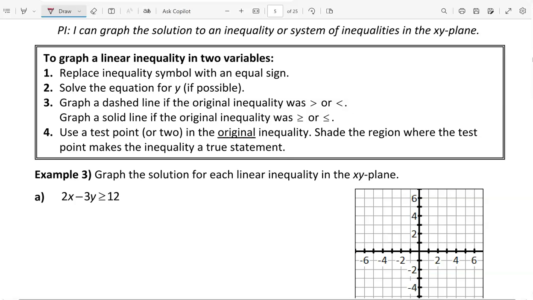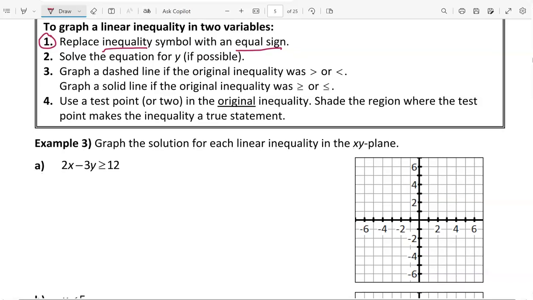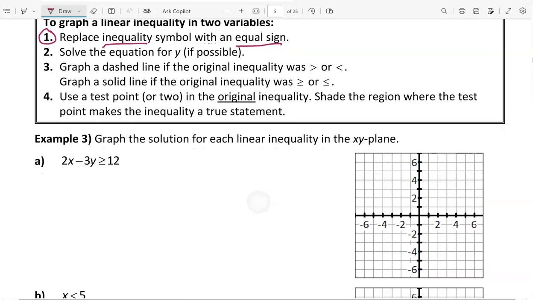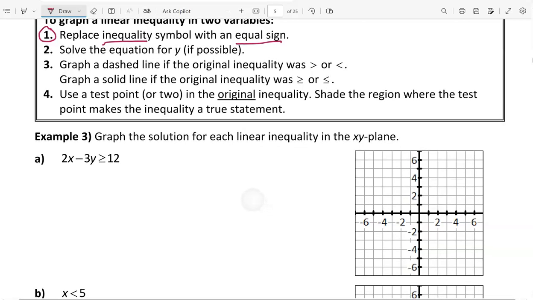Rather than make a table of values to graph a linear inequality, we're going to use an easier method. We're going to first start by replacing the inequality greater than or less than with an equal sign, and then solve the equation for y if possible, and then graph the dashed line if the original inequality was greater than or less than, and graph a solid line if the original inequality was greater than or equal to or less than or equal to.